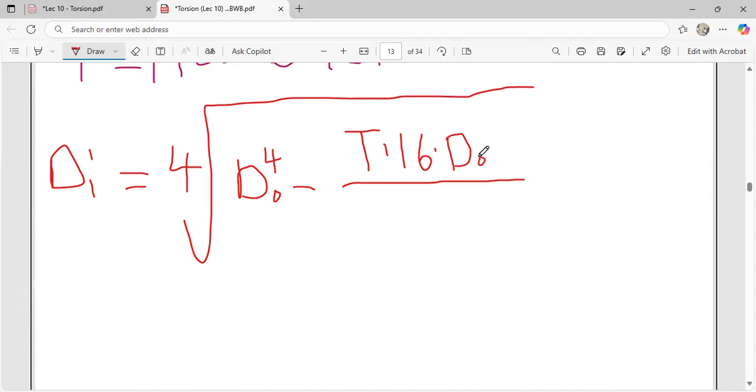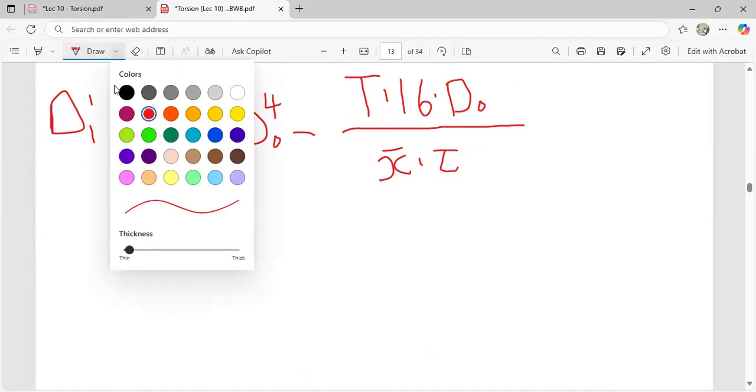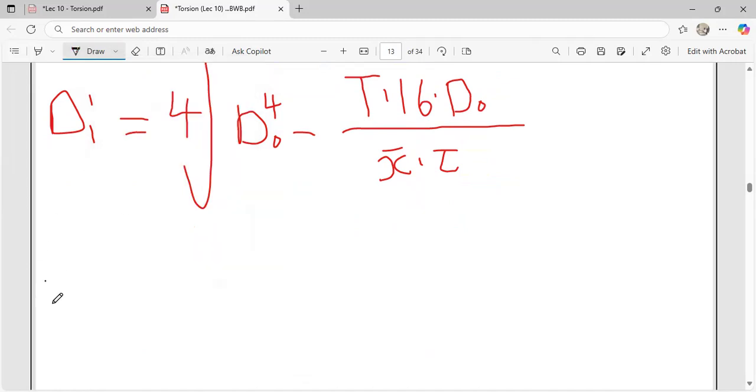Outer diameter, all over pi, also multiplying the tau. So at the end of the day, let's just substitute in our values and get our final answer, and let's wrap up for the day.